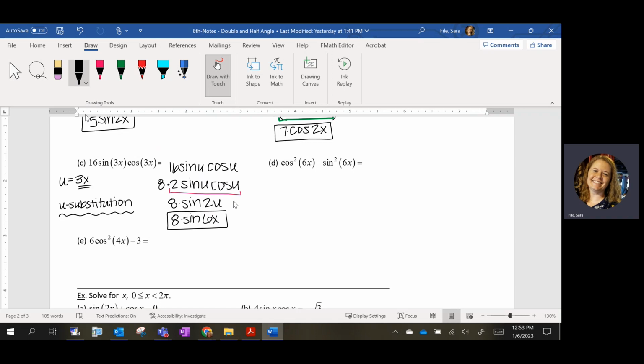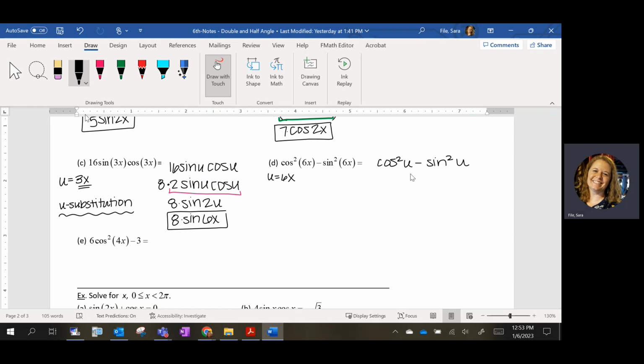Okay, so we're going to try u substitution in D as well. So what should we say u is equivalent to? Okay, so we're going to replace the 6x terms with u. And so that would be written as cosine squared of u minus sine squared of u. And what identity is that?